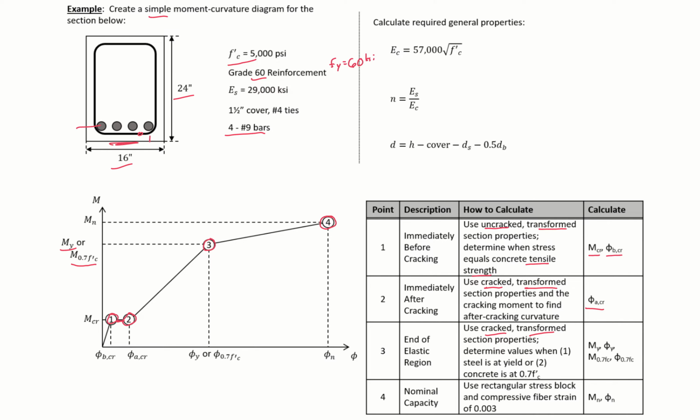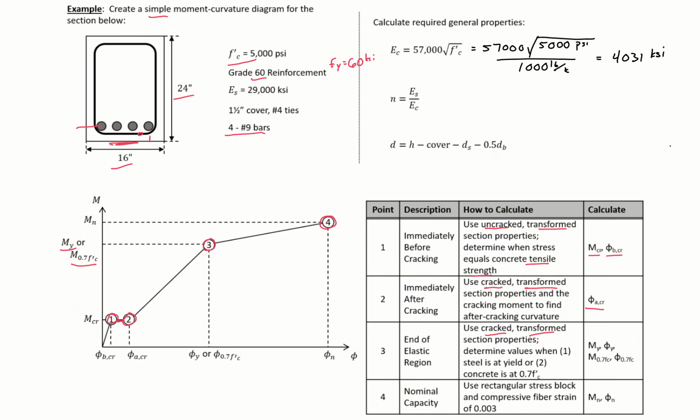So the first thing that we're going to do is calculate some generally required properties that we'll use for multiple points. The first is our Ec. So our Ec here is 57,000 times the square root of 5,000 psi, all divided by 1,000 pounds per kip to give us 4,031 ksi.